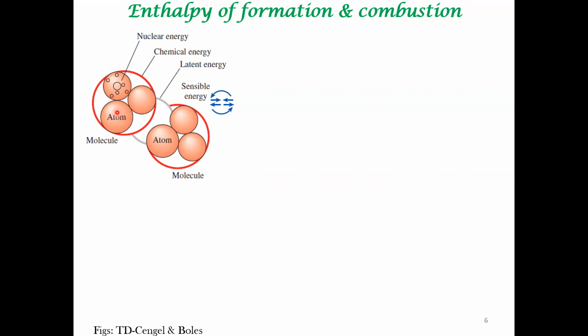You form CO2, H2O, and so on. This favorable chemical rearrangement releases energy. There is a lot of descriptive material available in the book, so I request you to go through that. There's no point in covering such issues in a class. These are fairly elementary issues, but it's important that you at least go through them from your textbook. That's a reading assignment.